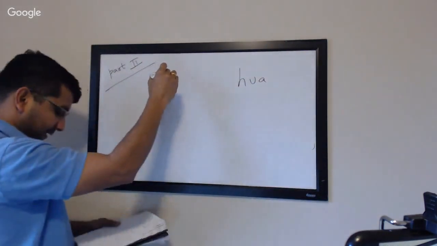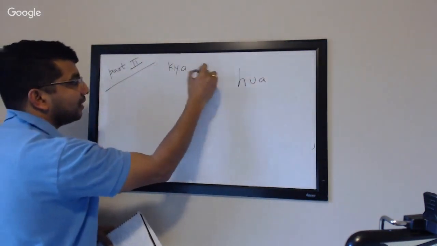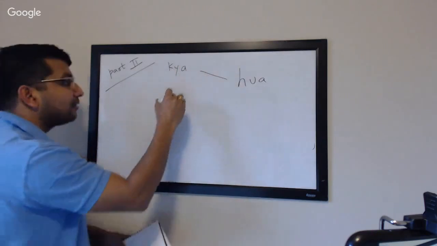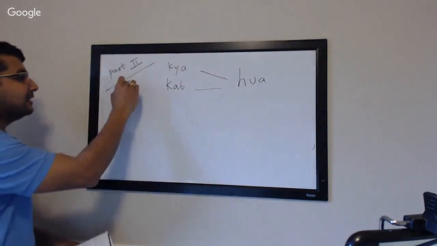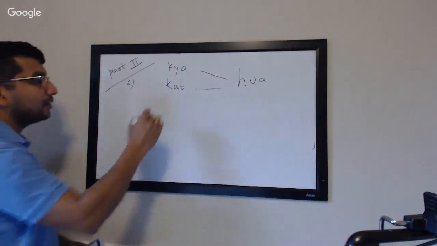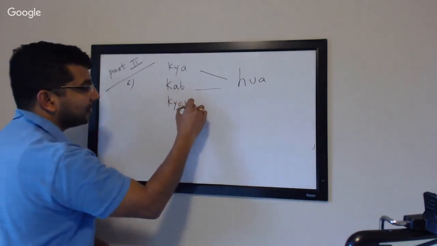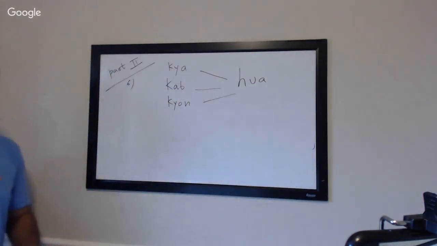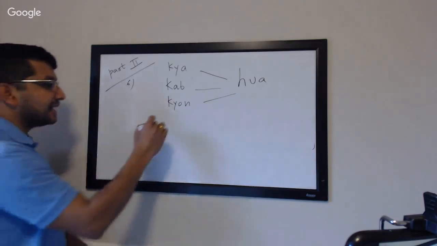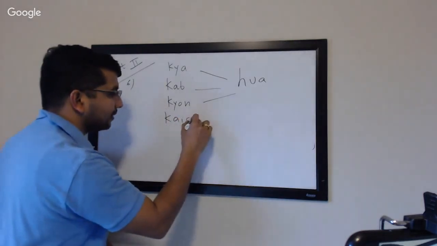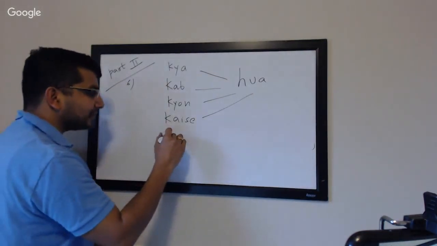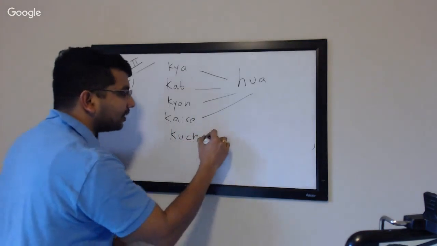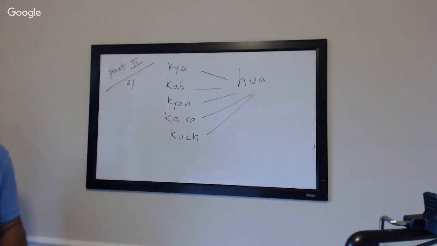So basically, kya hua, what happened; kab hua, when did this happen, I'm going to count it as the sixth popular phrase; kyun hua, why did this happen; kaise hua, how did this happen. And similarly, it's not an interrogative, but kuch hua, something happened.